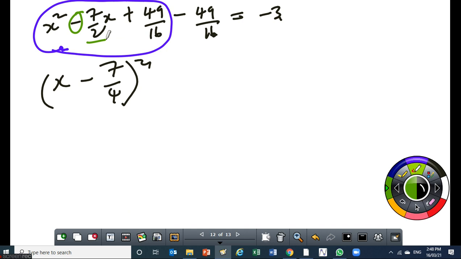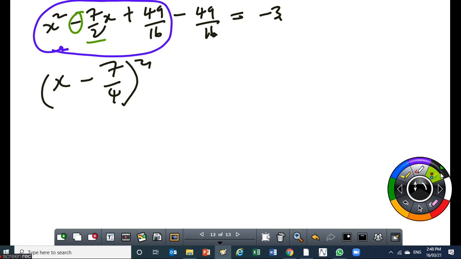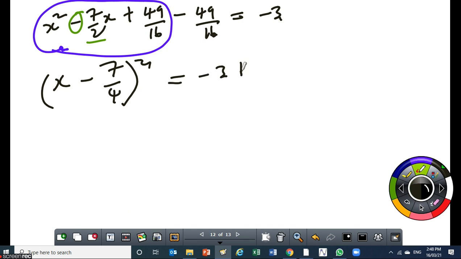Then I'm going to take that minus 49 over 16 to the right. If I do that, I will end up getting minus 3 plus 49 over 16.